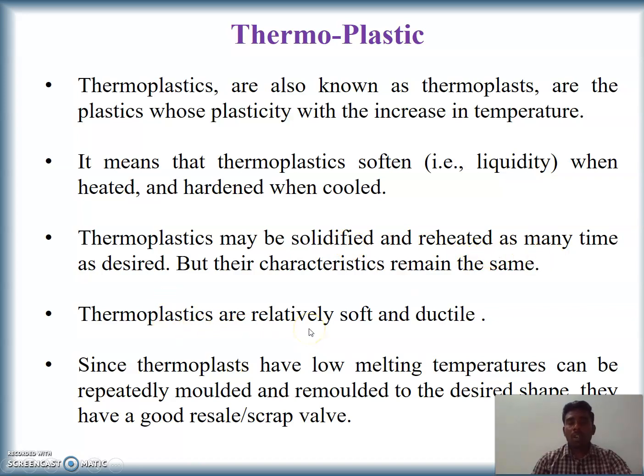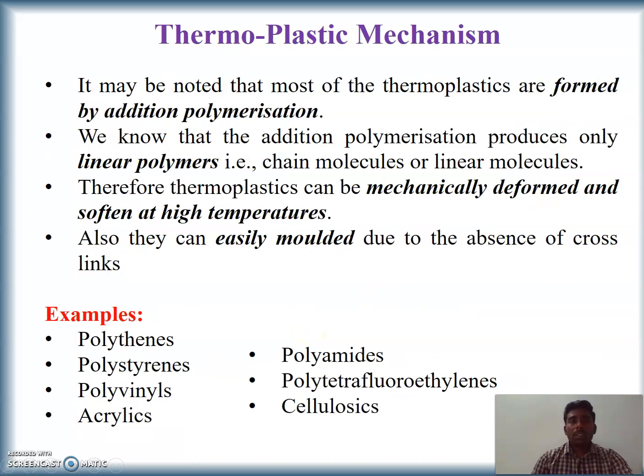Thermoplastics are relatively soft and ductile. Thermoplastics are formed by addition polymerization, from linear polymers that are mechanically deformed and softened at high temperatures, and they can be easily molded due to the absence of crosslinks. Examples of thermoplastics, as I already mentioned, are polythene, polystyrene, polyamides, polyvinyls, acrylics, etc.